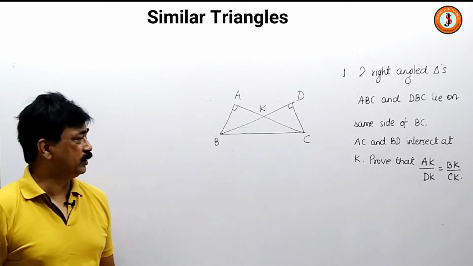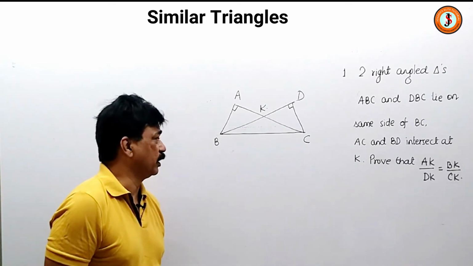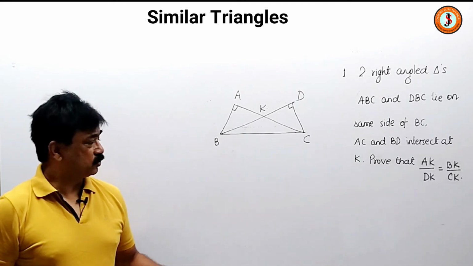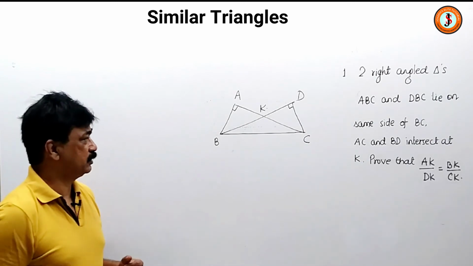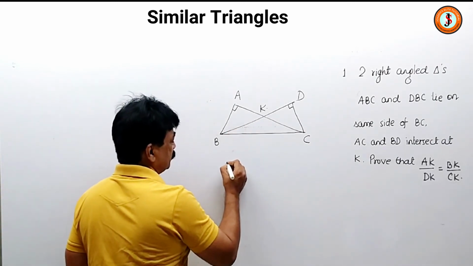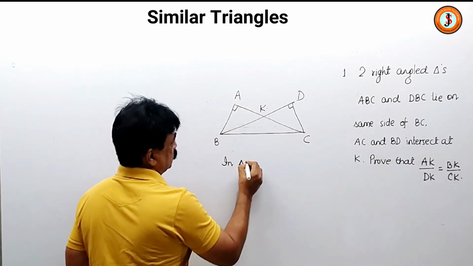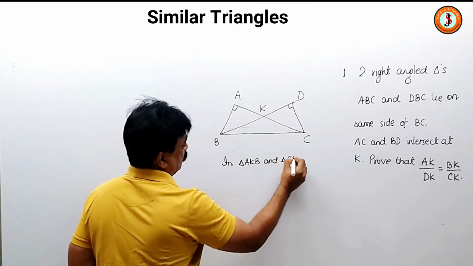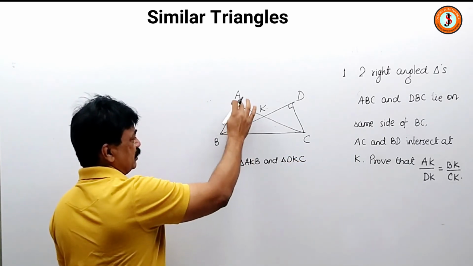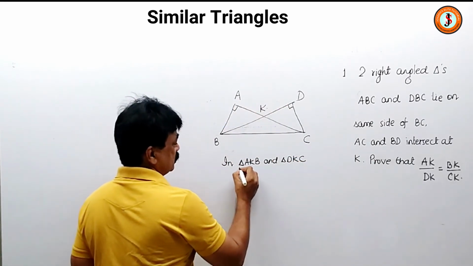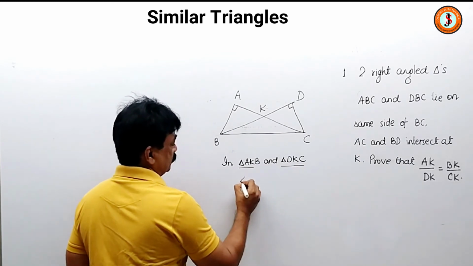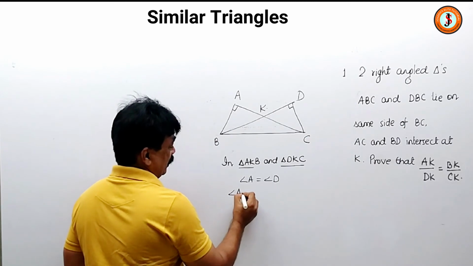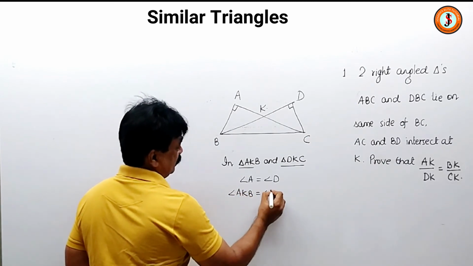So what to do? Let us see. First thing, in triangle AKB and triangle DKC, what will happen? Angle A is equal to angle D, angle AKB is equal to angle DKC.